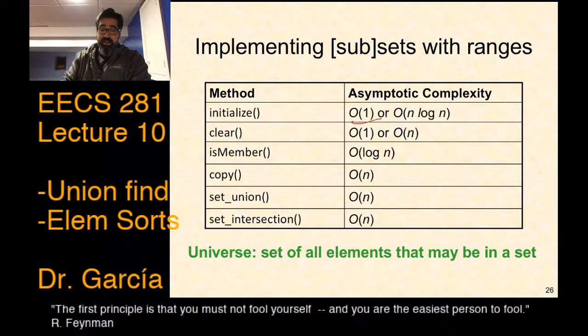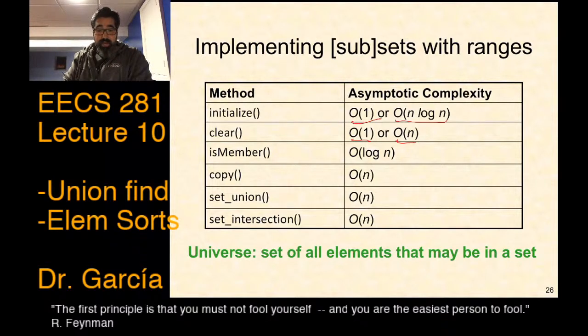But if it needs to maintain some sort of constraint, like we saw in the last lecture, then it's something like n log n time. Clearing is constant time if the container was declared on the stack. But if it contains objects that live in the heap, it can take linear time because you have to go over each element and call the destructor.